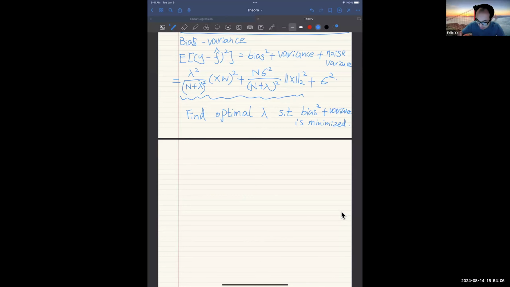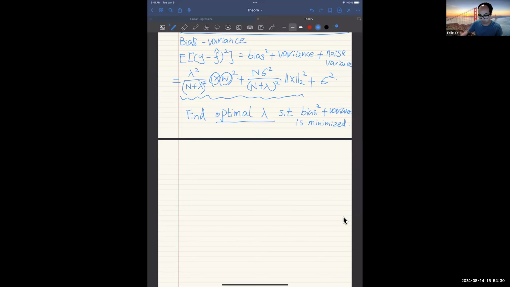But of course, in general, this whole thing depends on the x and depends on w right here. In practice, the way that we do it is we use cross validation to find the optimal lambda. You can see this lambda depends on the data and on the problem.